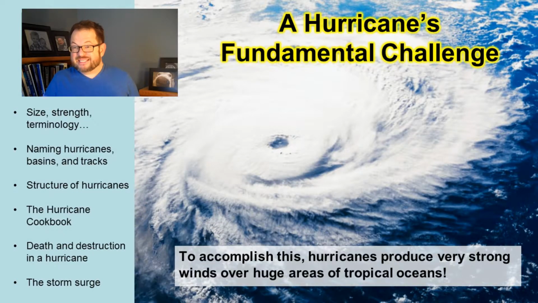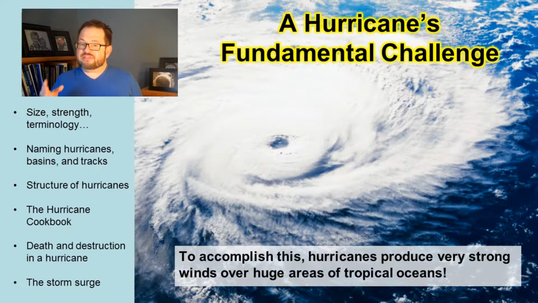But a big part of the story is this is why hurricanes have such strong winds. The strong winds make it possible to even have enough evaporation at the surface. The evaporation rate depends in part on the wind speed. So without those strong winds, you just wouldn't have enough evaporation. Now, it's also going to be related to things in the hurricane cookbook and so on.